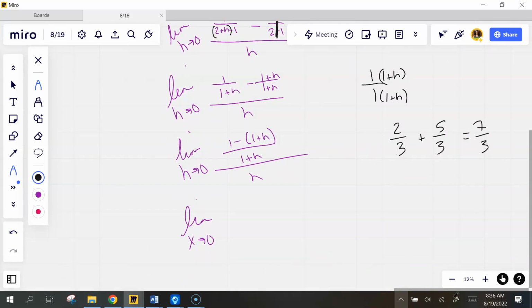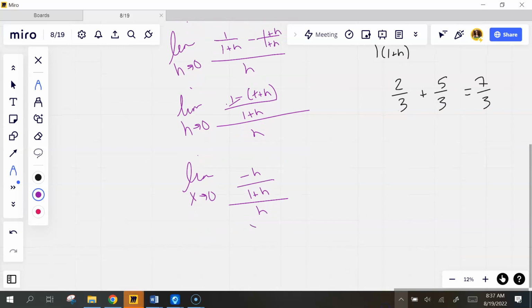Okay. 1 minus 1. So now really what I have, 1 minus 1 is 0, right? But I've still got this negative h up top over 1 plus h, and everybody's over h. Still can't substitute 0 in because there's an h in the denominator.